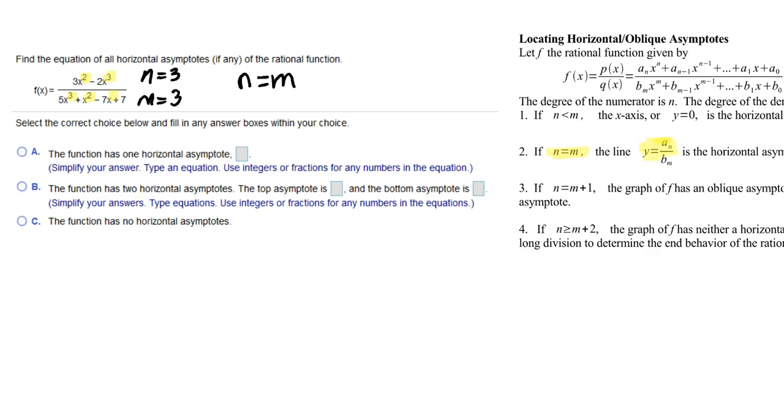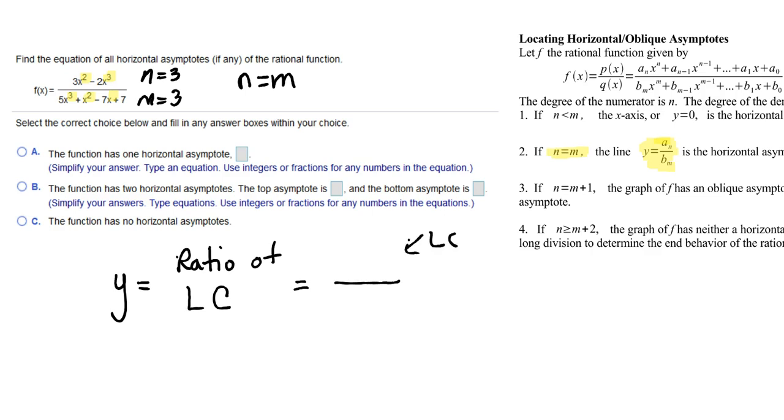So we're going to have a horizontal asymptote, and it's going to be the line y equals the ratio of the leading coefficients. So we need the leading coefficient from the numerator, and we need the leading coefficient from the denominator. The leading coefficient is going to be attached to that highest degree term. So remember we said the numerator has degree 3.